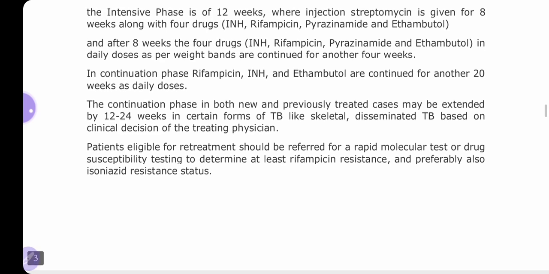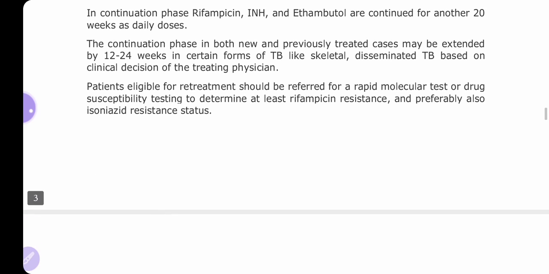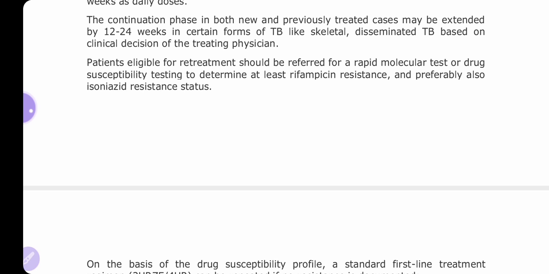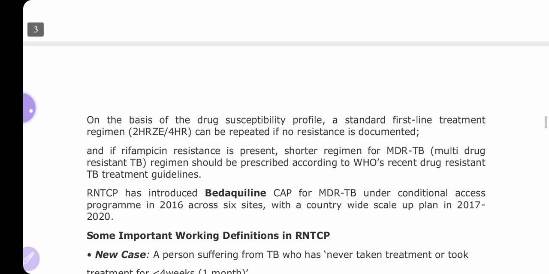The patients eligible for treatment should be referred for rapid molecular test or drug susceptibility testing to determine at least rifampicin resistance, preferably also isoniazid resistance status. So every patient who is eligible for retreatment, so relapsed cases, should be tested for resistance to rifampicin and isoniazid.